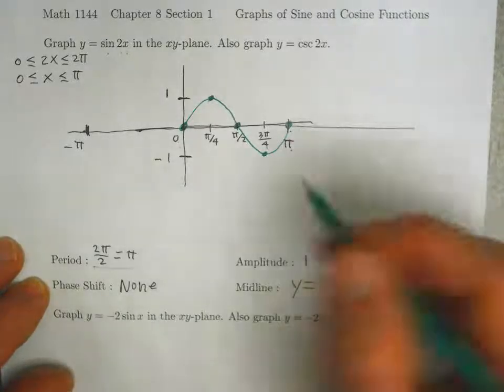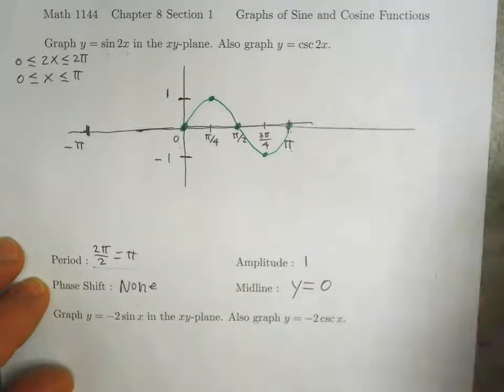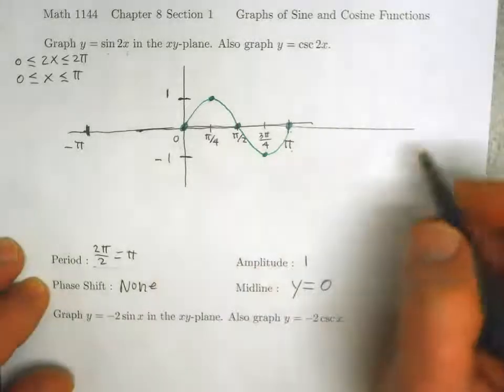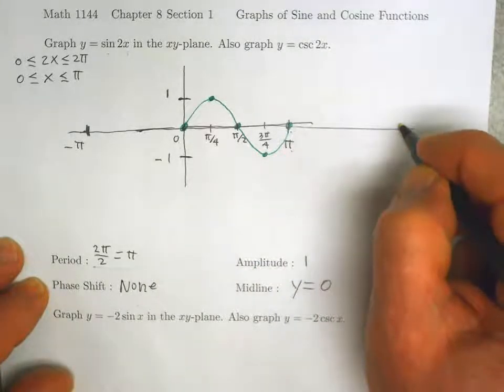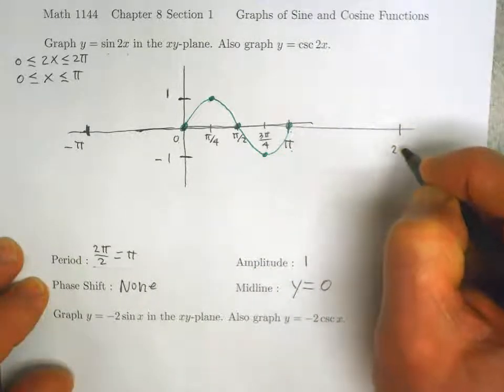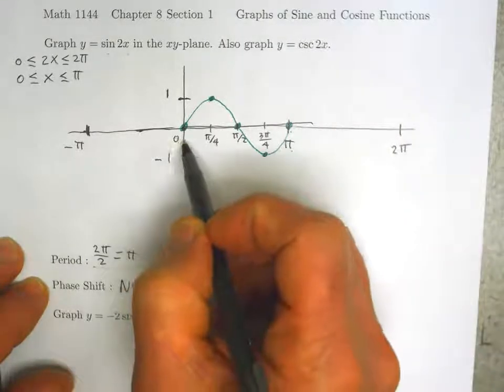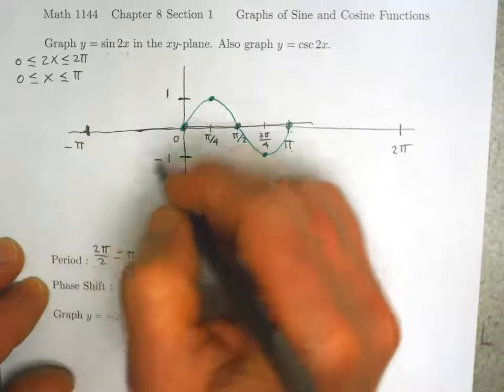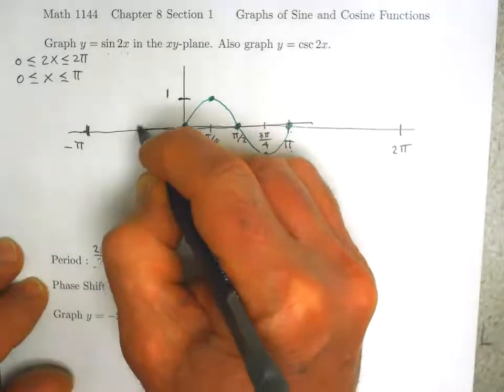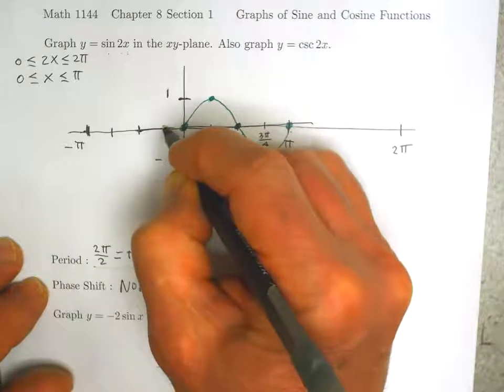Okay, let's draw 2 more periods. We'll go from pi to 2 pi to the right, and 0 to negative pi on the left. So we'll subdivide each of those.